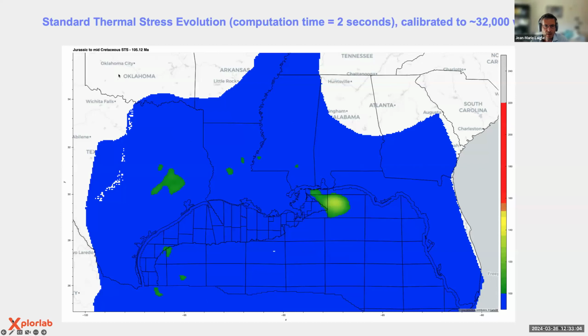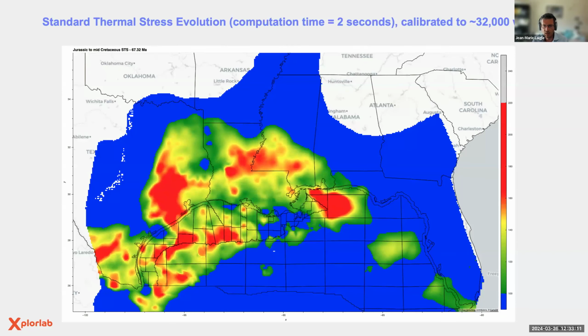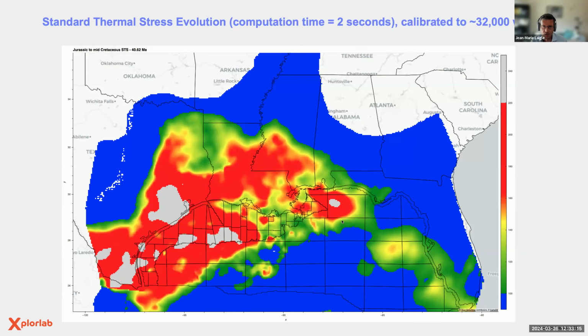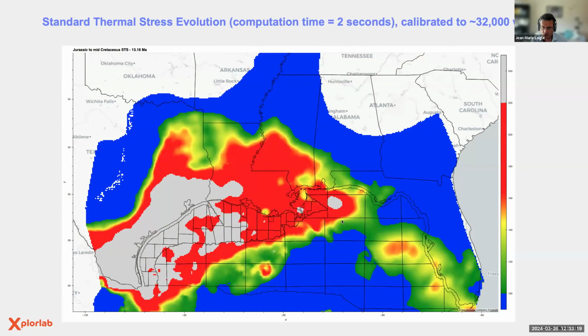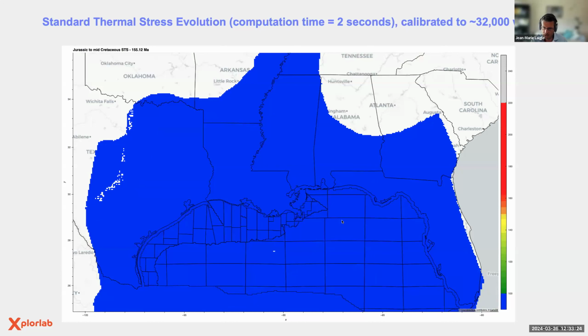So we are here during the Cretaceous, and you can see how thermal stress evolves during burial as the basin develops. That's also something which is an output of this type of simulator. So these are typical outputs for a classical basin simulator, and a very fast ML-based simulator delivers actually the same, right?